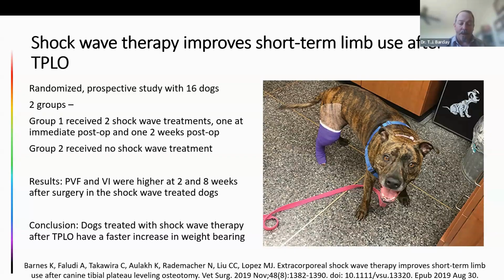And which is significant, because when we do a TPLO on a dog, the faster we can get them back to bearing weight on that operated leg, the quicker we can start a rehab program, and the more weight we take off of the contralateral hind limb, which may also be at risk for rupturing that cranial cruciate.